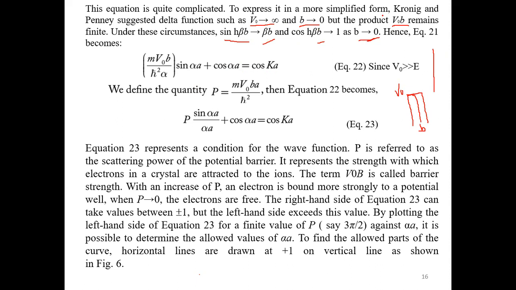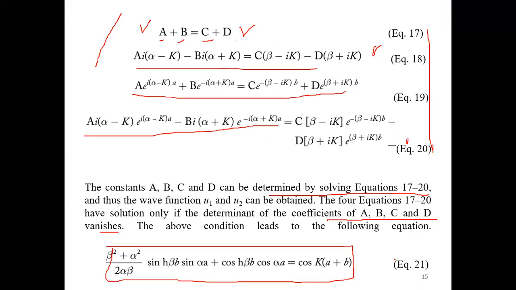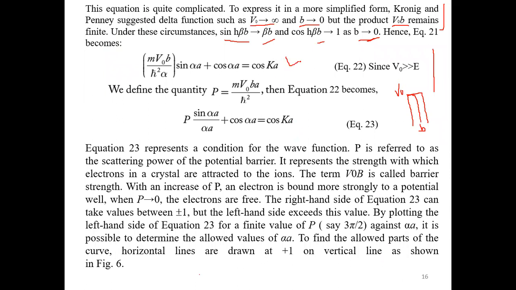If we apply this condition, V0 tends to infinity, then equation number 21 will become this one. So this becomes simple. Now, in this case, we choose m V0 b by h-bar squared as P. If we choose this as P, then it will be P sin(alpha a)/(alpha a) plus cos(alpha a) equals cos(Ka).